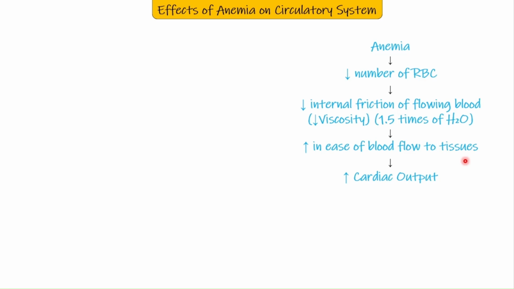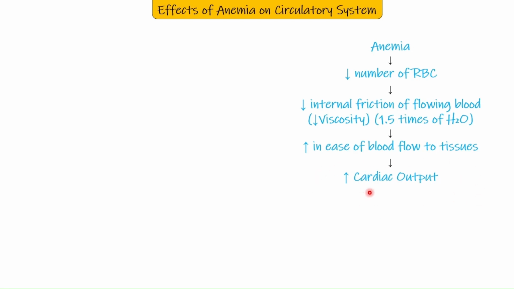Less cells, less friction, the blood can flow easily to the tissues. For that increased blood flow to the tissues, we need increased cardiac output. That's why anemia is always linked to increased cardiac output.